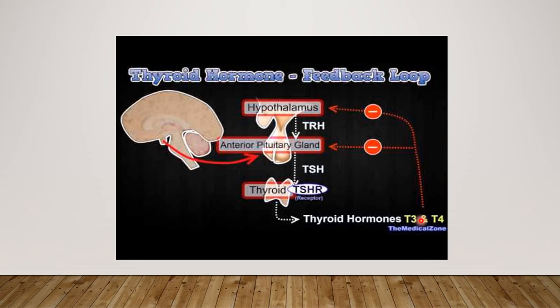This T3 and T4 in turn have a negative feedback on the anterior pituitary as well as the hypothalamus, whereby increasing this T3 and T4 in the serum, the TRH and TSH are suppressed. And this TSH suppression is the basis of the TSH suppression therapy for thyroid cancer patients.